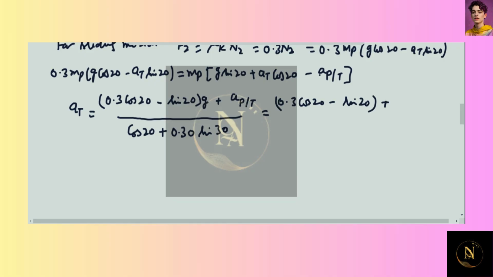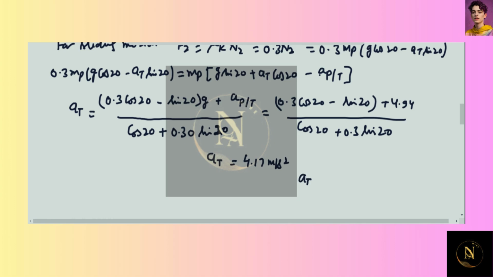Substituting the value, 0.3 cos 20 minus sin 20 into g plus 4.94, upon cos 20 plus 0.3 sin 20. So acceleration of truck we will get 4.17 meter per second square.